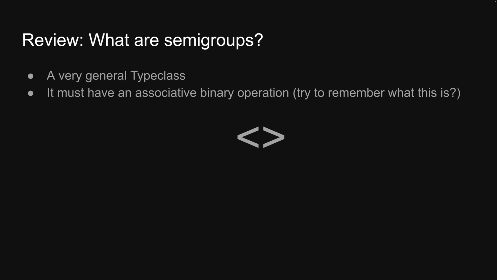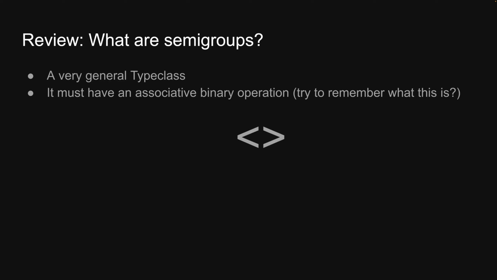Associative means that it doesn't matter which side, the left or the right, the item is on, as long as it knows what to do when it's combined with the other one, it's going to know that it doesn't matter which side it is.